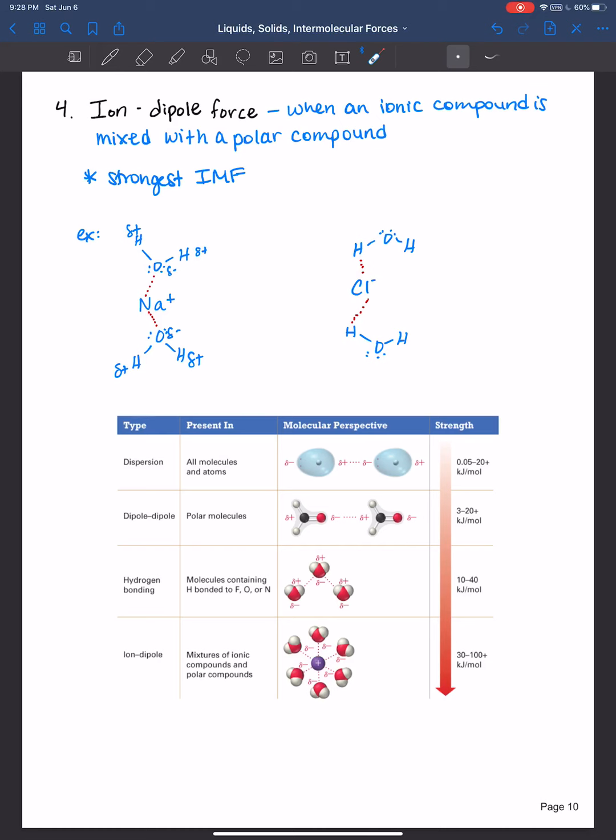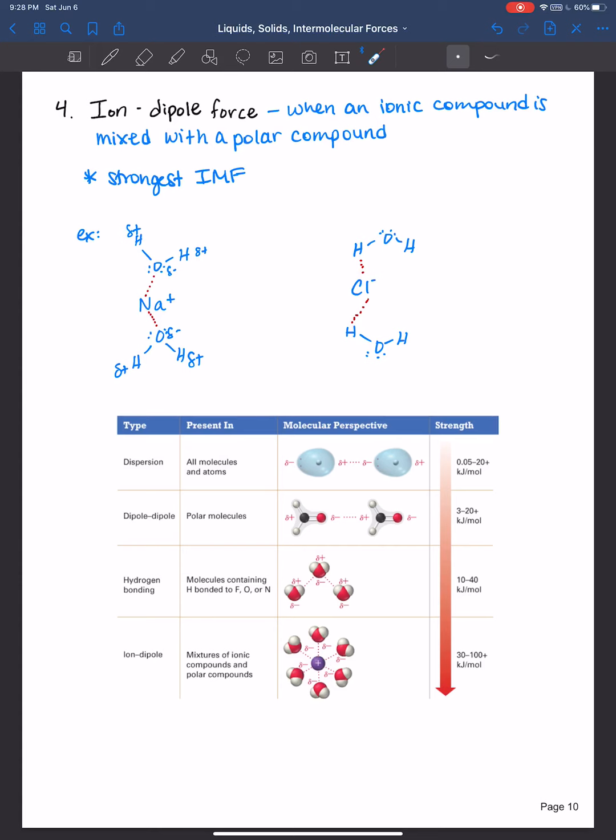Then we studied the dipole-dipole intermolecular force, and this is dominant in polar molecules that don't have hydrogen bonding. As you can see here, these molecules, because they're polar, have a permanent dipole moment. And so when they interact with another molecule, they have a stronger intermolecular force, and that's the dipole-dipole force. And this is the energy or the strength associated with this interaction. And then we talked about hydrogen bonding, which is like a subcategory of dipole-dipole. It's a super dipole-dipole force.